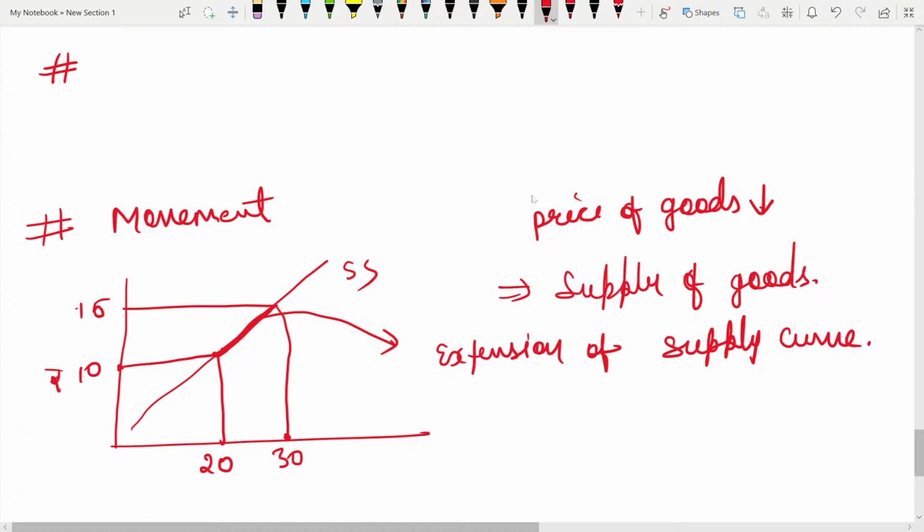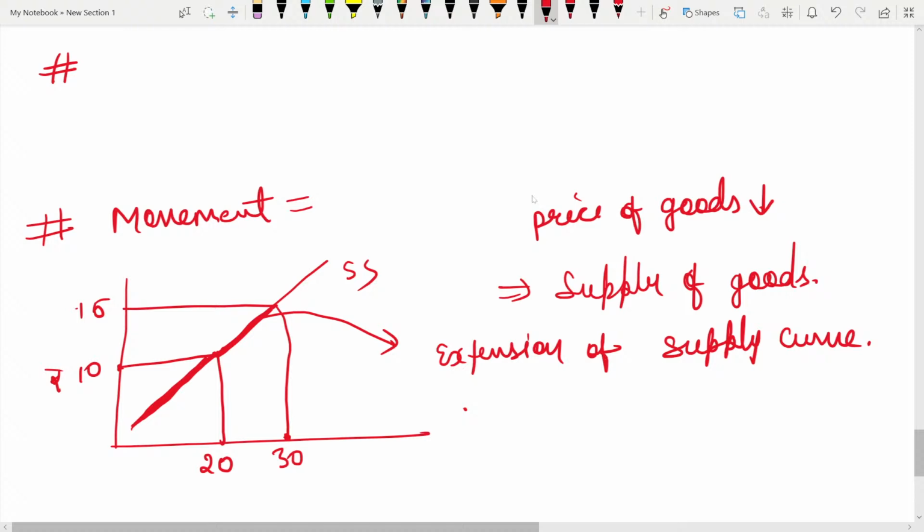One important point we can see here is that the supply curve is only one, and along this supply curve, the extension and contraction take place. So this is mainly movement in the supply curve, either upward or downward movement, and it is known as movement along the supply curve.